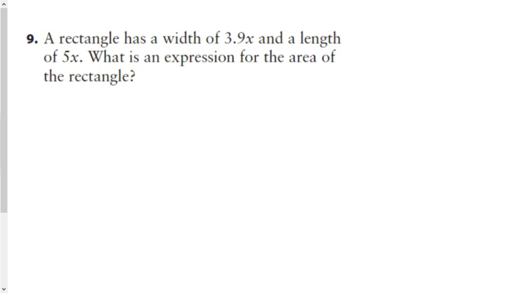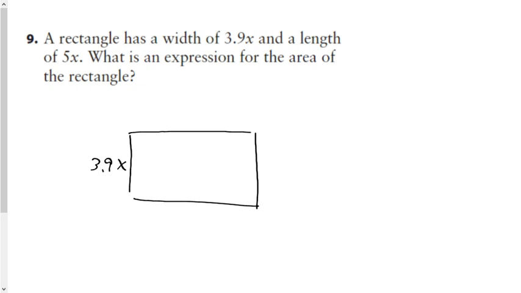Question number 9 is a rectangle has a width. As soon as I read the words a rectangle and it's a story problem, my brain automatically shifts into let's draw this. A rectangle has a width of 3.9x and a length of 5x. What is an expression for the area of a rectangle? The expression will be area equals length times width.